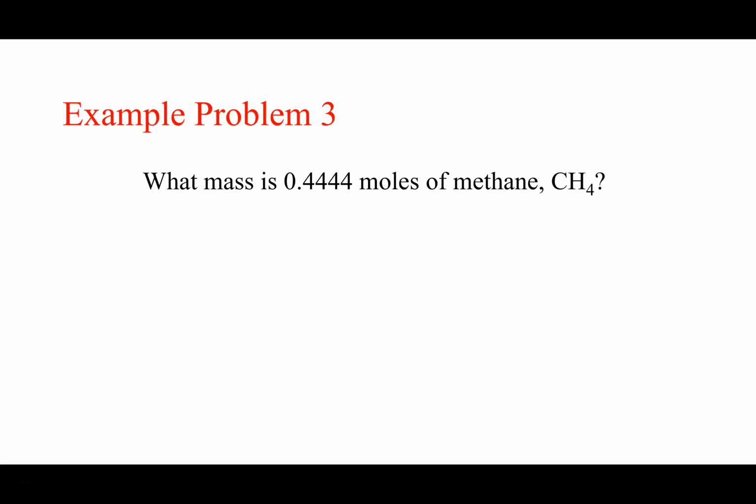Let's work another one. In this case, we're going from moles to grams. We're going to do that using the MM, or molar mass, of CH4. All right, here we go.